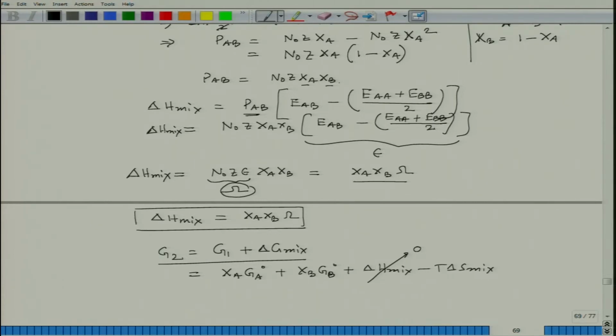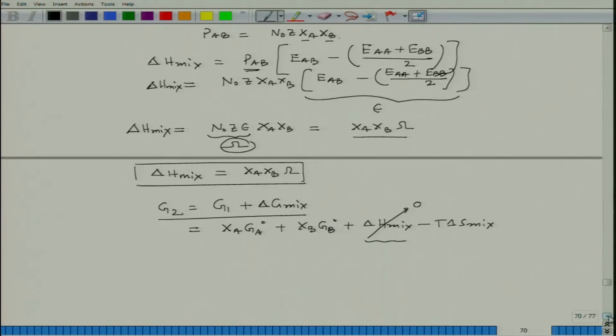So, then we have to consider this del H mix value in our calculation of G2 or the free energy of mixed solution phase. It can be liquid, it can be solid. So, this particular G2, as we have understood, is indicating free energy of a particular phase in the mixed condition or solution condition.